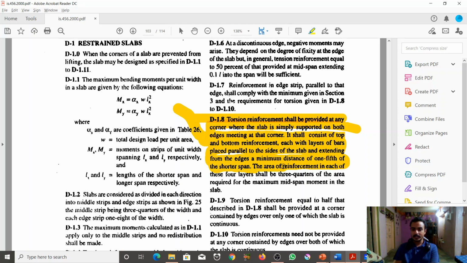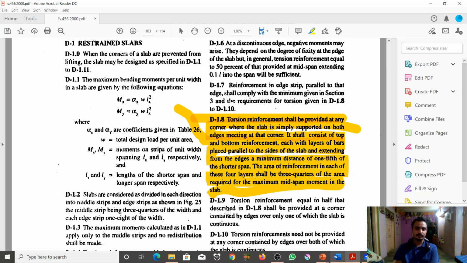Next, the area of reinforcement in each of these four layers shall be 3/4, means 3 by 4, of the area required for the maximum mid-span moment in the slab.